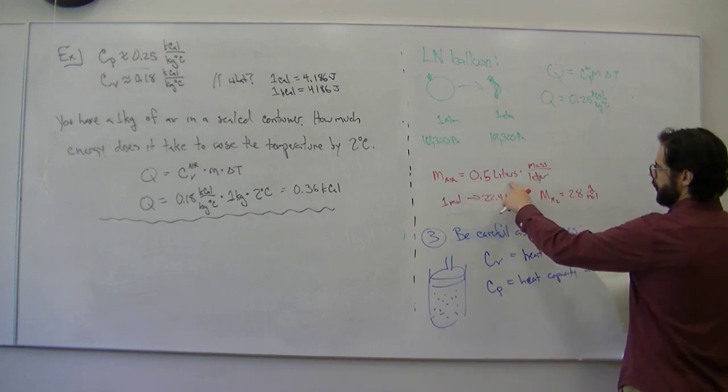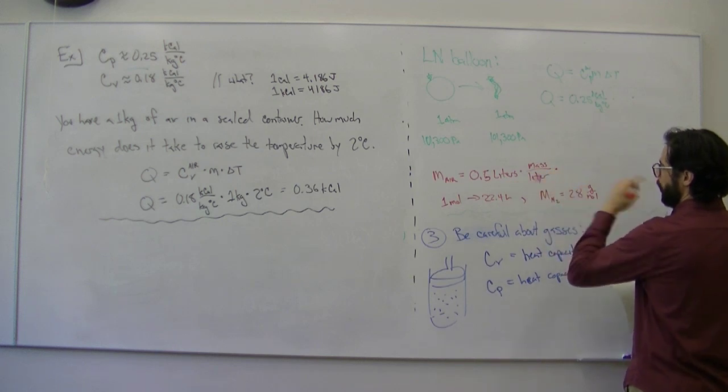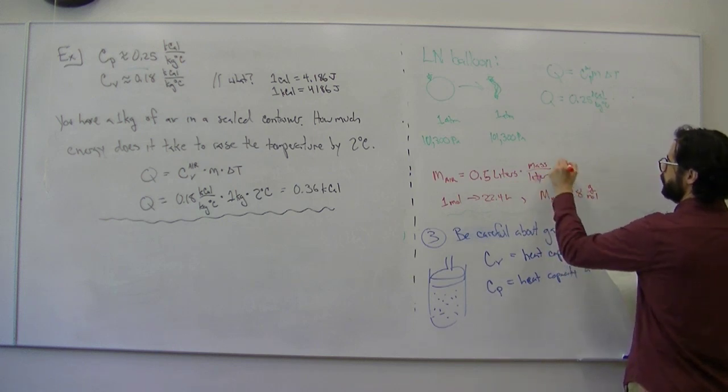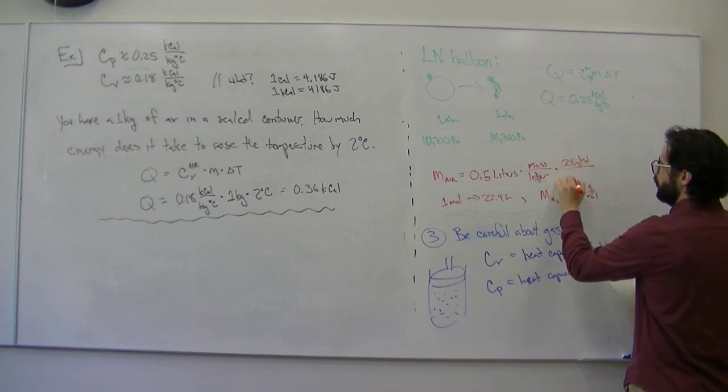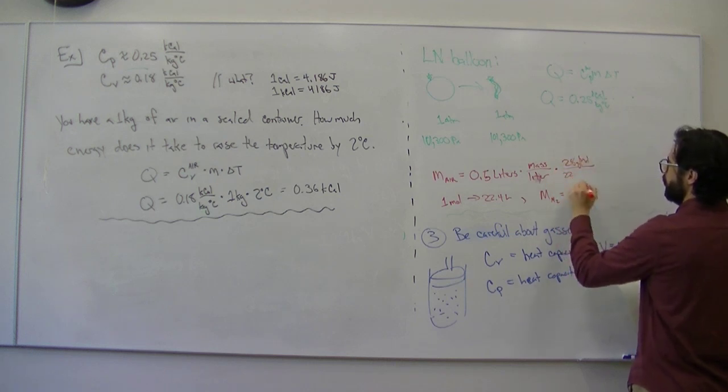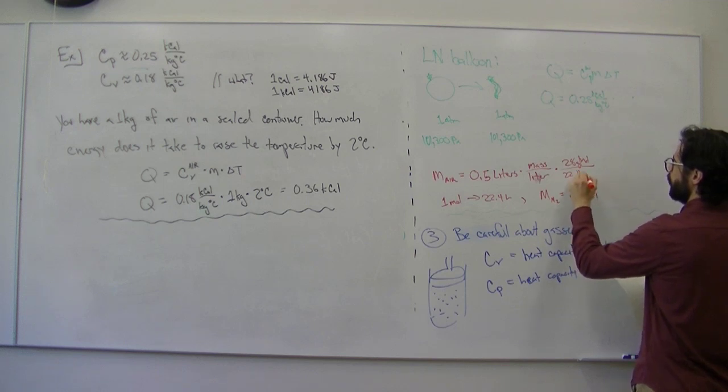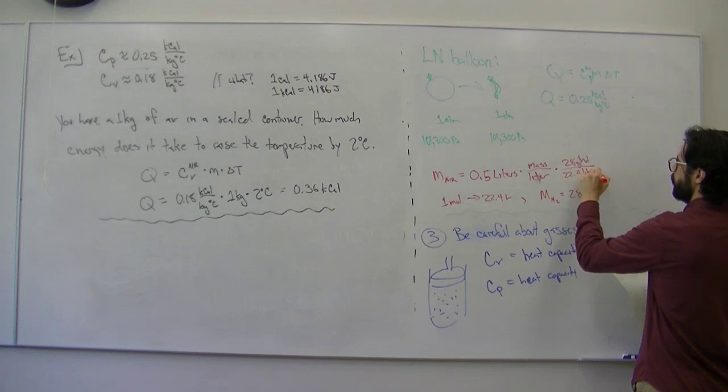So mass of air would be about 28 grams per mole, and then divided by 22.4 liters per mole.